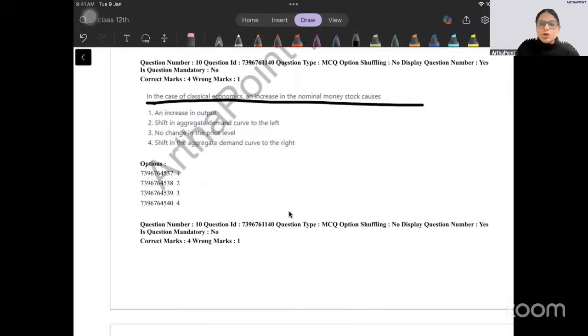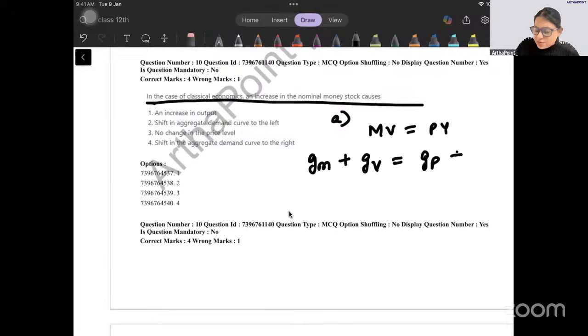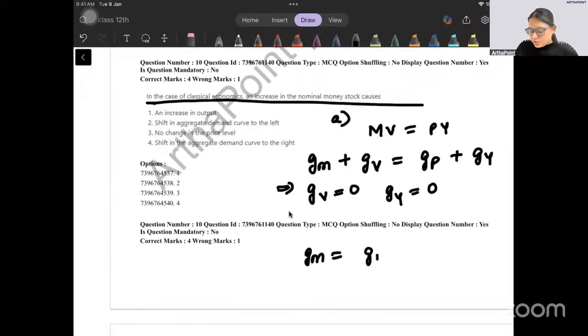Okay. So according to classical economists, first of all there is neutrality of money. That means MV is equal to PY can be written as GM plus GV is equal to GP plus GY, in which we assume that GV is 0 and GY is also 0. So we assume GM is equal to GP.